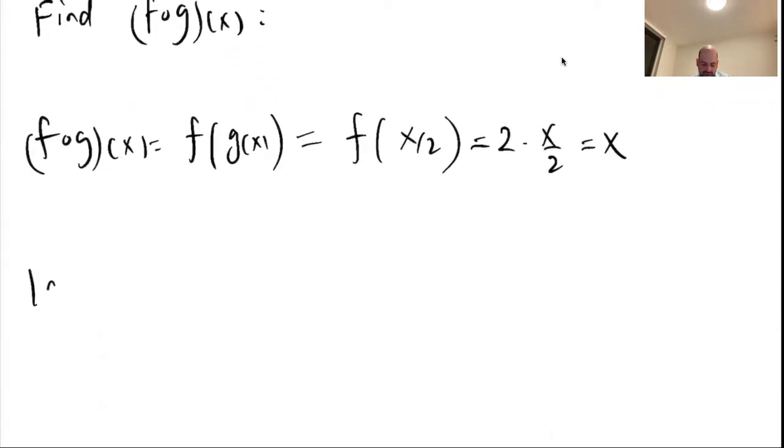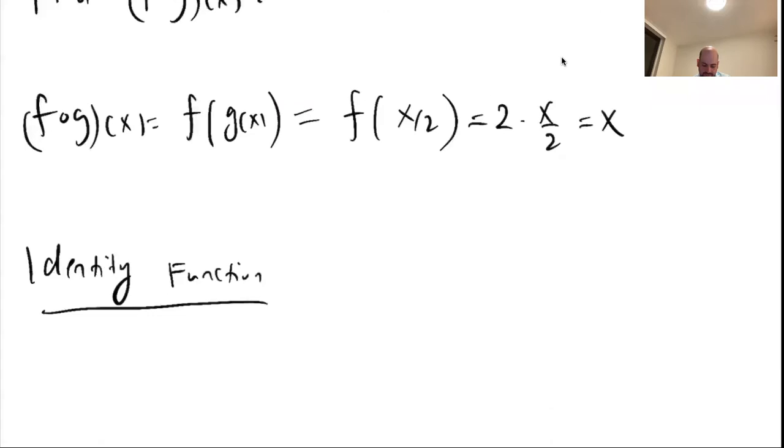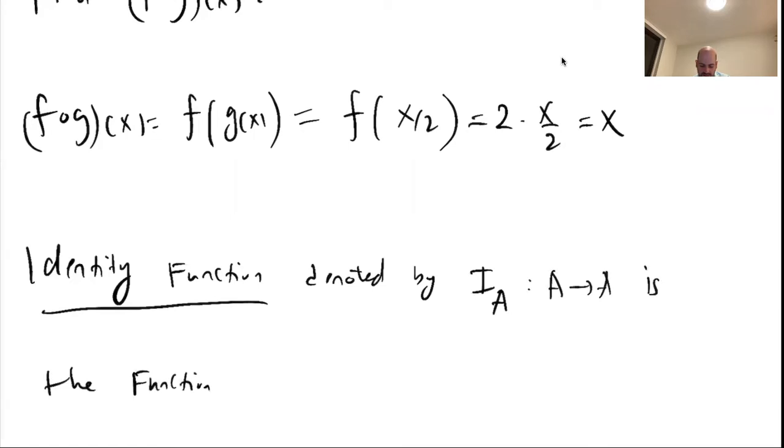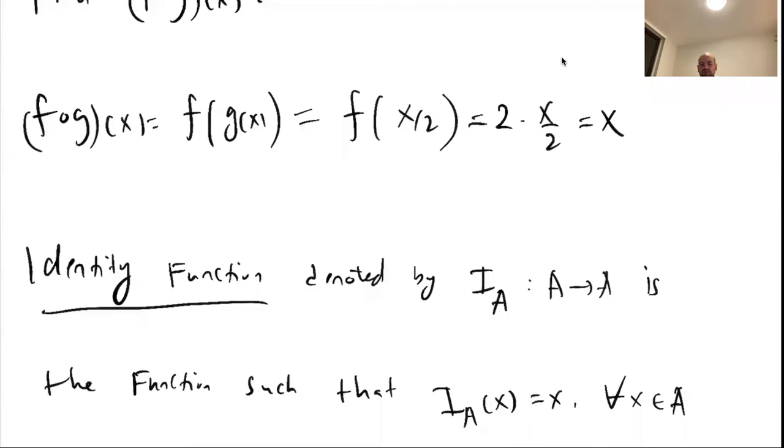An identity function, denoted by, let's say, I_A from A to A, is the function such that I_A of X is equal to X for every X in A. So an identity function is a function whose output is the same as the input.